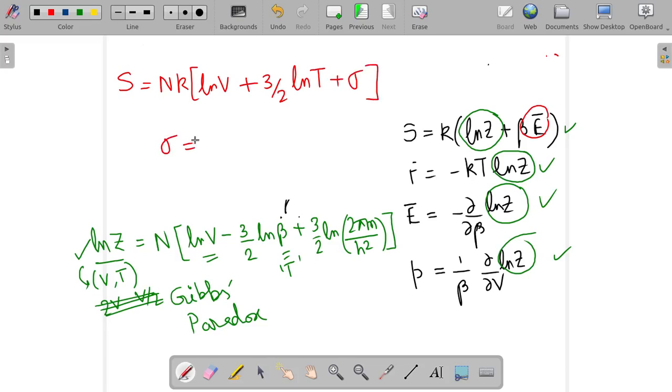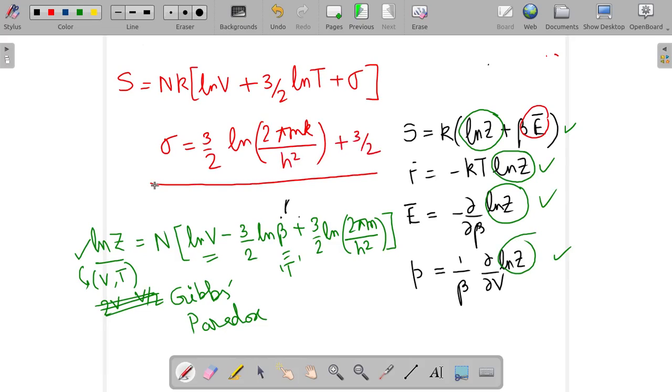Sigma is given by 3/2 and so on, so this is a universal constant. All the parameters included in sigma are all universal constants.